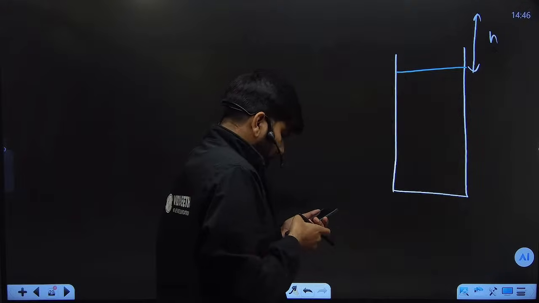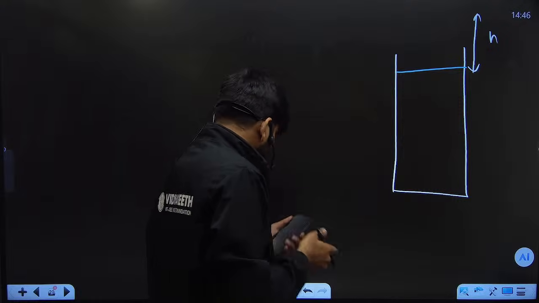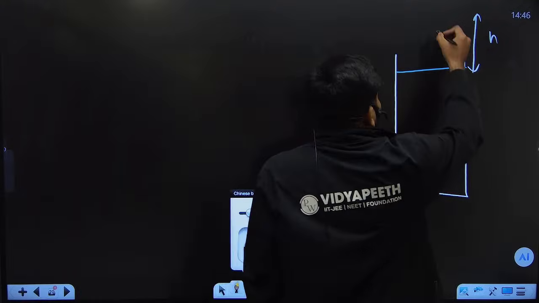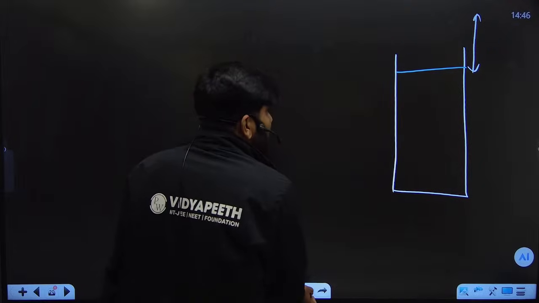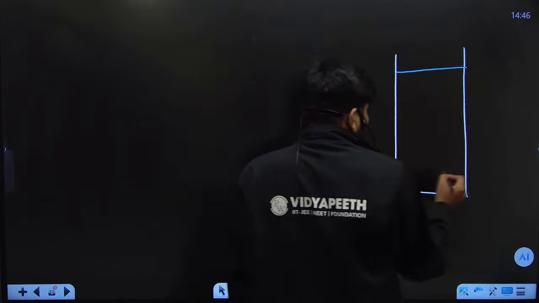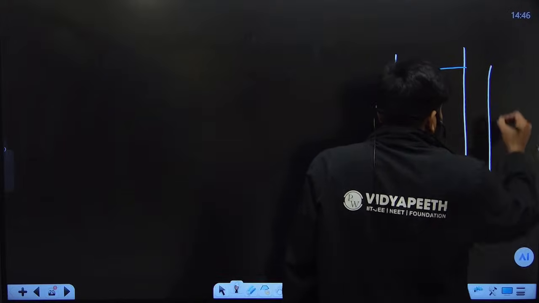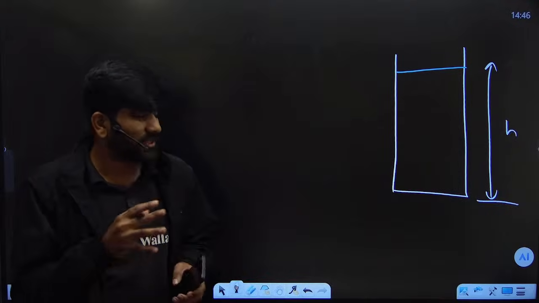We have to draw the velocity of the particle as a function of the height. I think this height is not of the tube, but the level from the ground. We don't have exact information, but this is the question we have here.